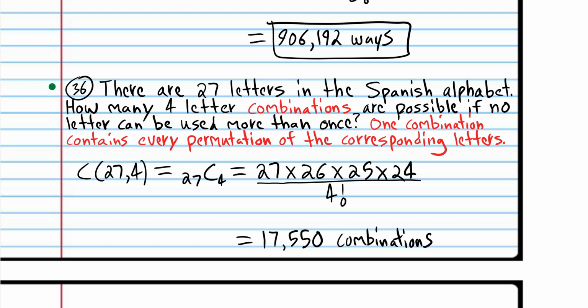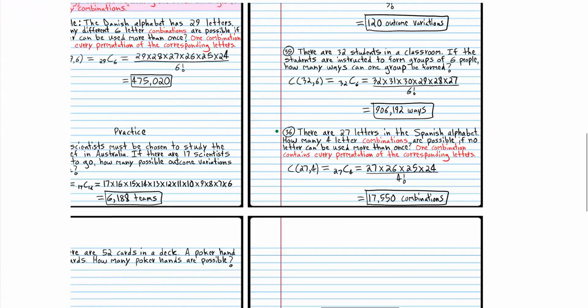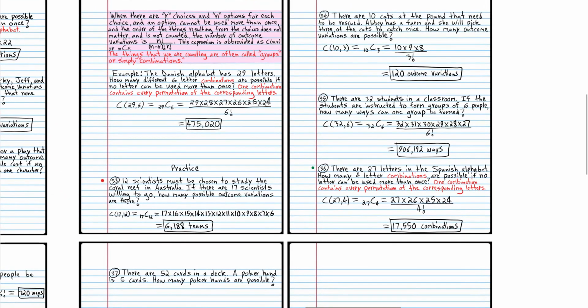I don't really care what you call them, but there you go. So if you got that right, excellent. Try number 37, and when you come back, we'll do it together.